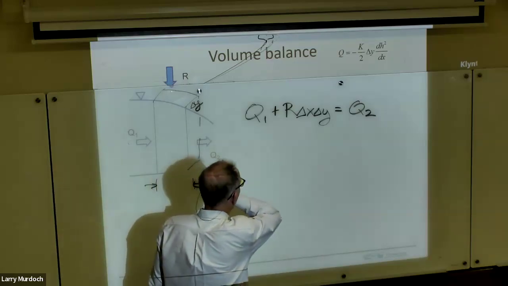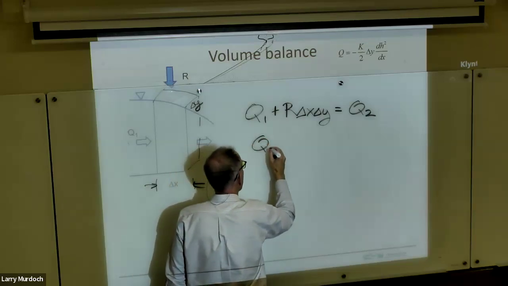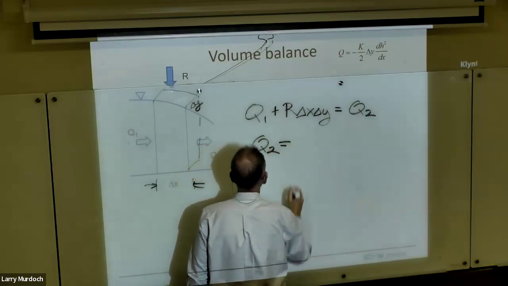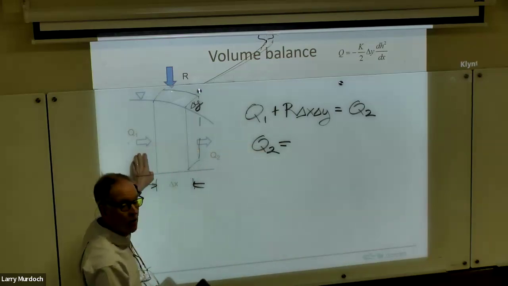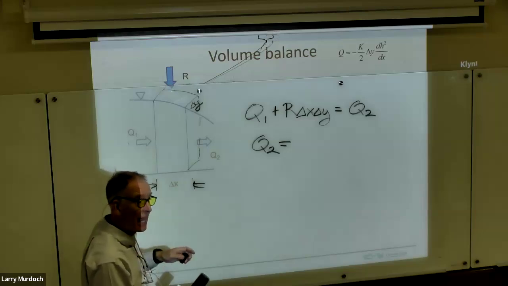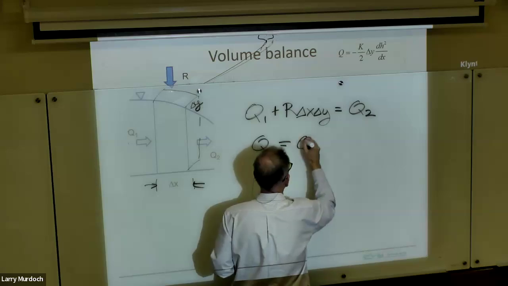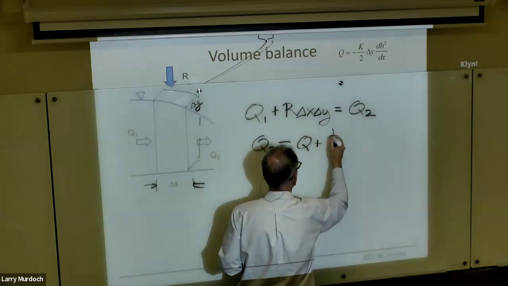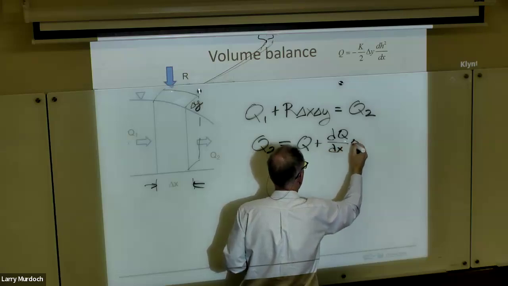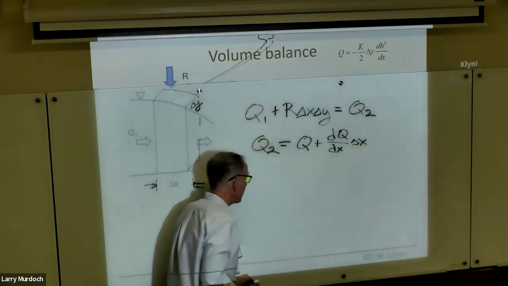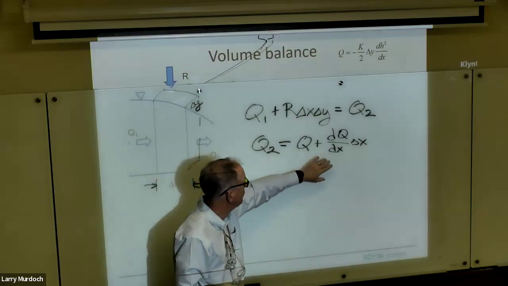What I want to do now is recall that when we did this last time, we related the flow out to the flow in and the rate at which the flow changes. So we have this, and we said this was like the first term in a Taylor series.